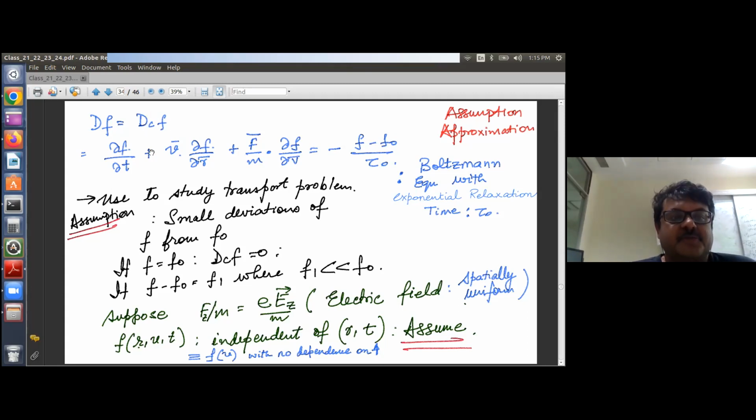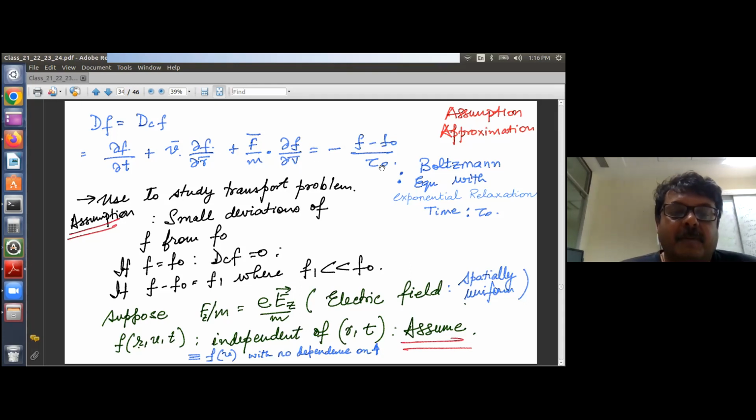Though this looks very small, actually this has to be written as del f del t plus v dot del f, so vx into del f del x, vy into del f del y, and so on and so forth. And similarly here, force by m: fx by m into del f del vx, fy by m into del f del vy, and so on and so forth, minus f0 by tau 0.